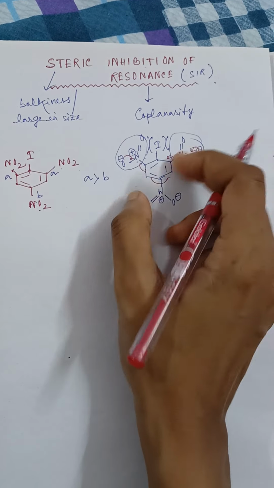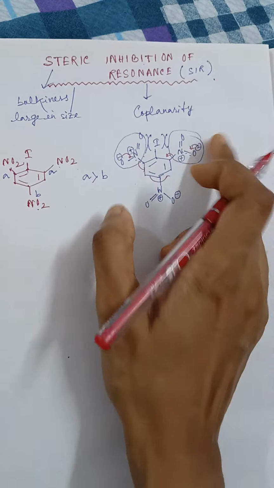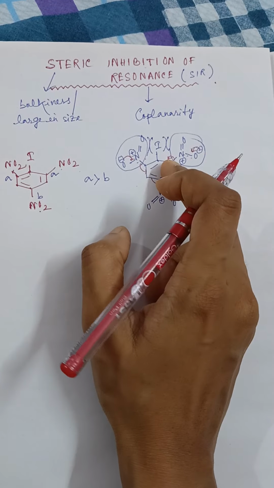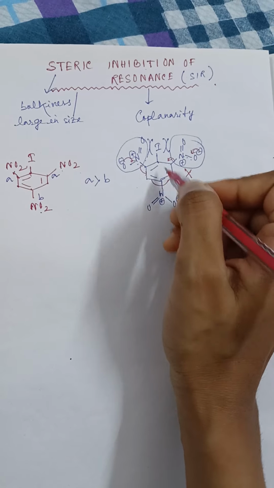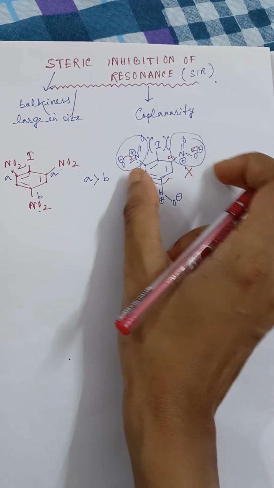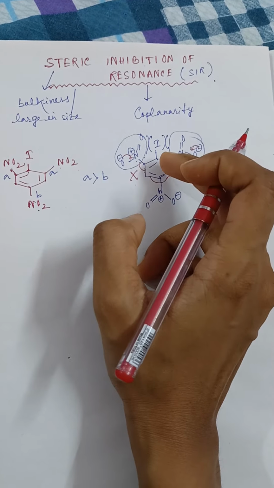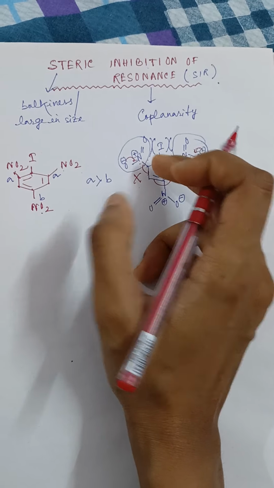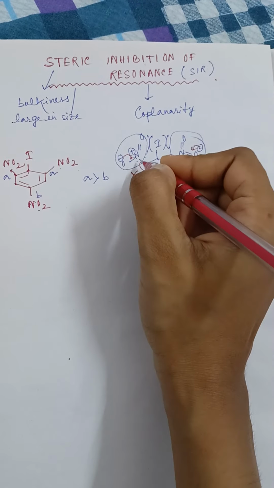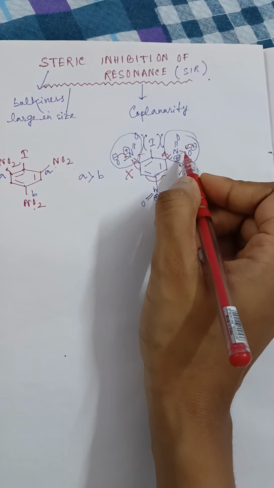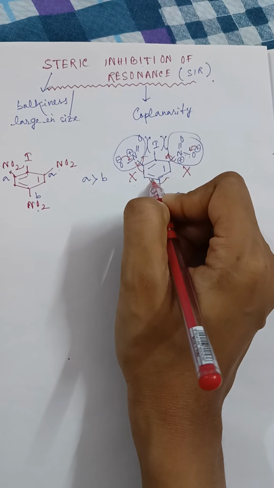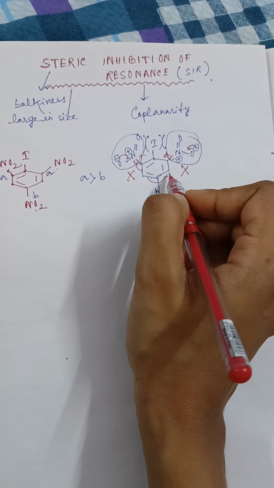Actually, these NO2 groups should be in resonance with this ring, but here the resonance does not take place, and here also the resonance does not take place, because their coplanarity is now disturbed. They go out of plane, so that they are no more in a plane with this benzene ring, and there can't be any resonance.